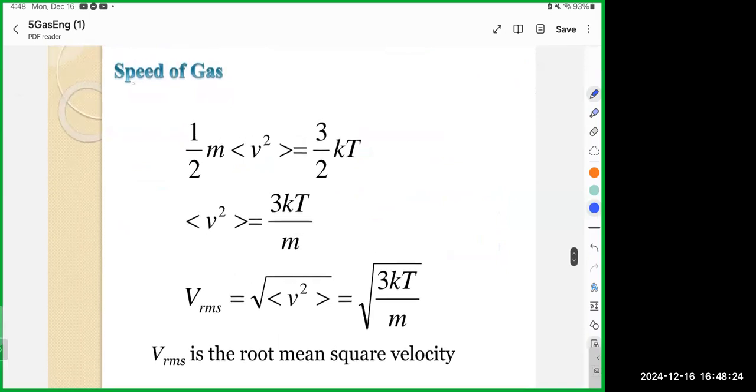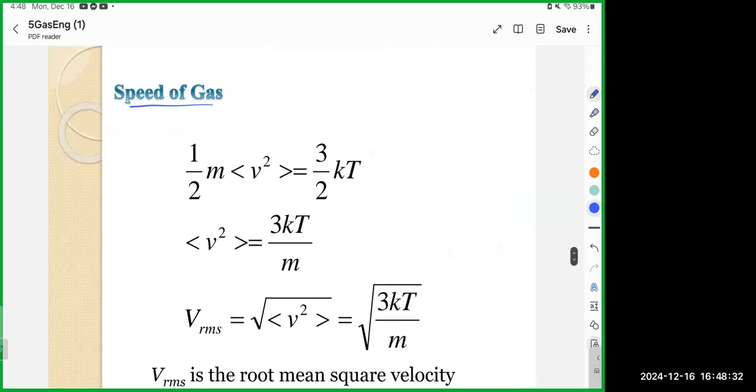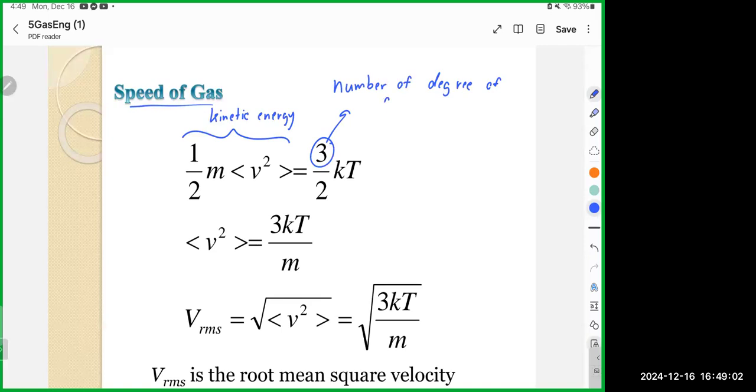And here is the relation between the speed and temperature in the full form. Okay. And right here, you can see that this is the kinetic energy. And the number 3 right here has a significant meaning, because 3 is the number of degrees of freedom.